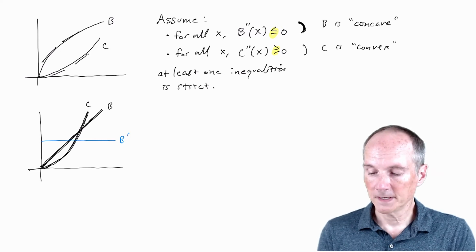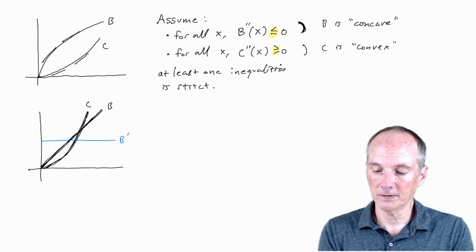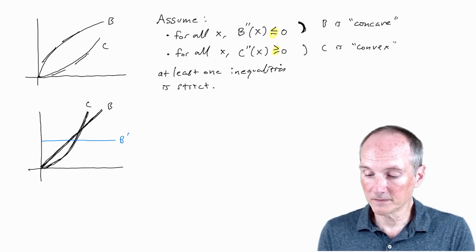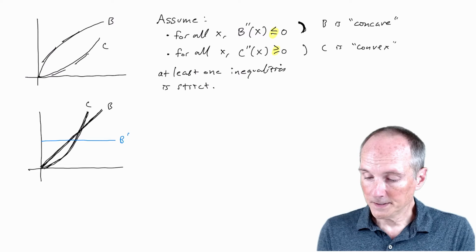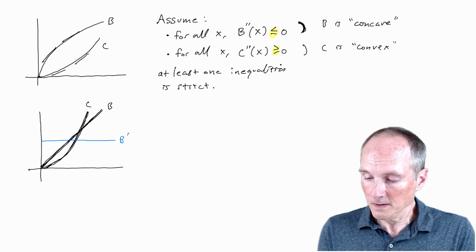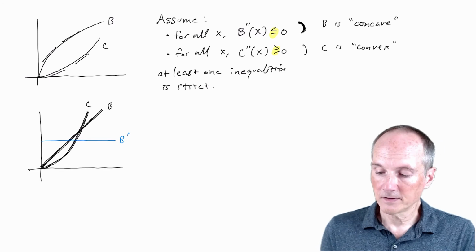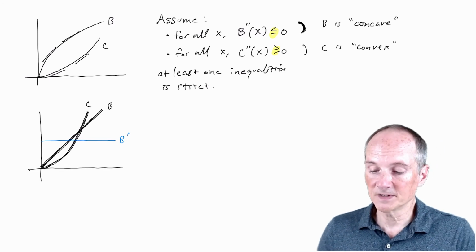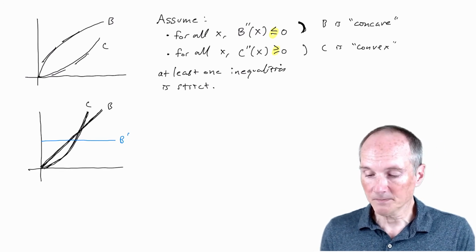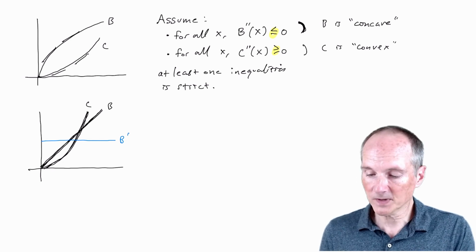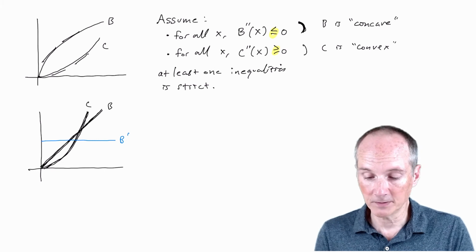Again, there's a more general definition, but for differentiable functions, convex means that the second derivative is non-negative. We're going to assume that benefit is concave, cost is convex, but at least one of them is strictly so. And those will capture really most of the applications that we would want.